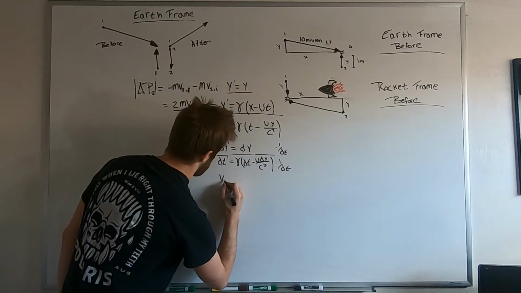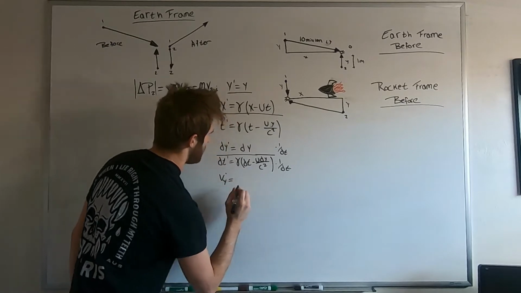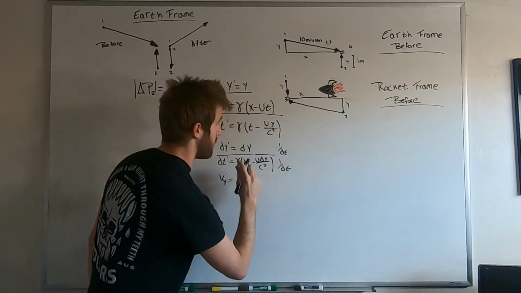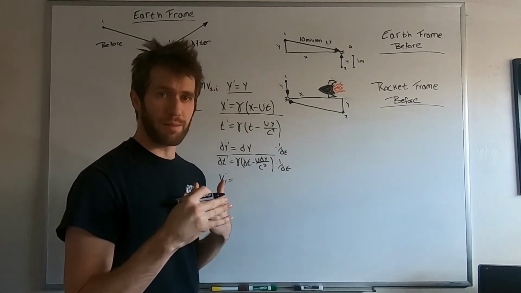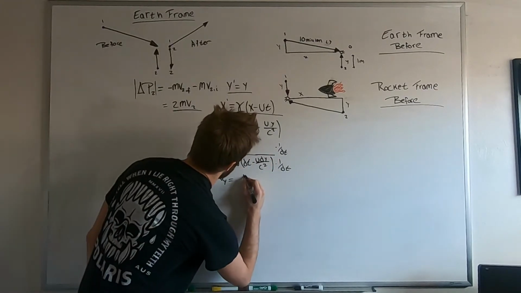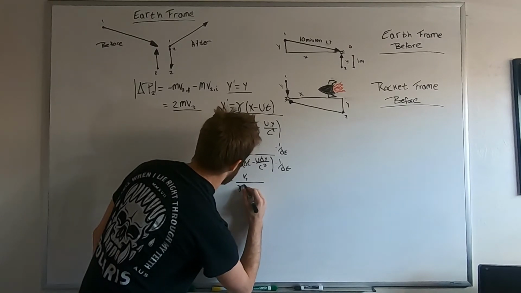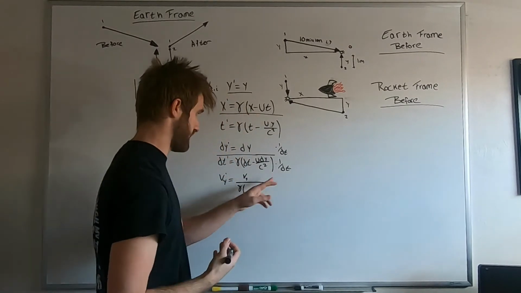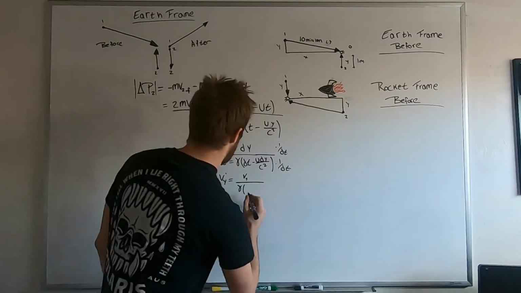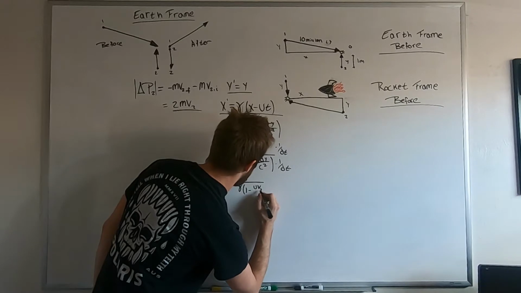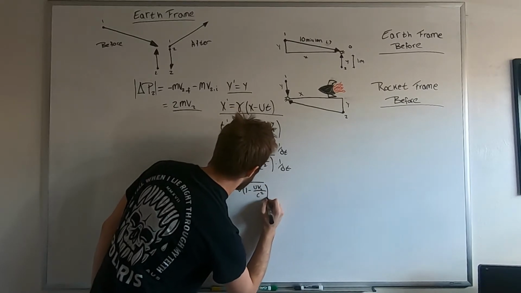So that's just v prime sub y is equal to dy over dt, right? So that is also going to be our instantaneous velocity in the non-primed frame. So we're going to have v sub y over our gamma term, and that dt is going to cancel with that, just become 1. So we're just going to get 1 minus u v sub y over c squared.